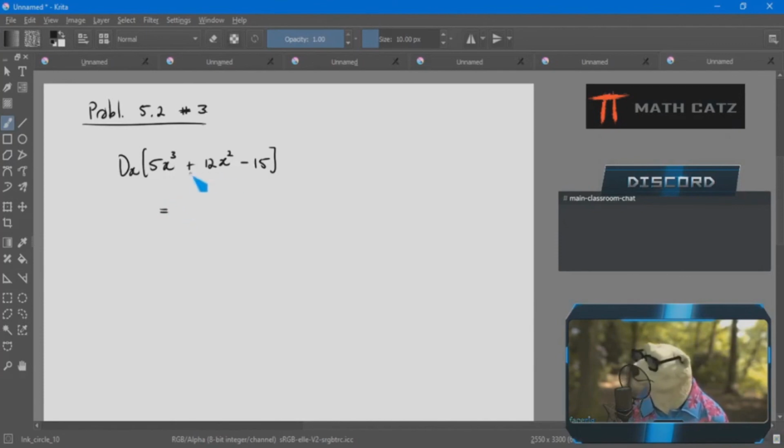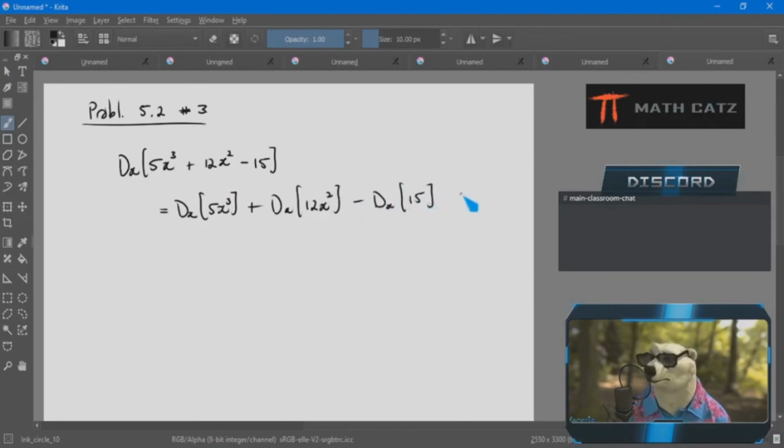So first of all, I have to isolate the terms. The first term is 5x cubed. Now I want to do one property at a time to really emphasize and check that I understand what is used and when. So I isolate the terms, and what I've used is the sum difference property, right?